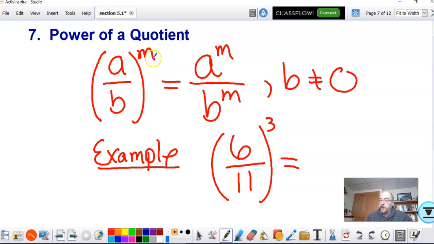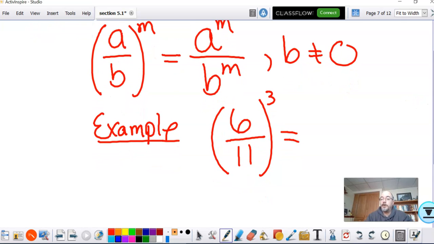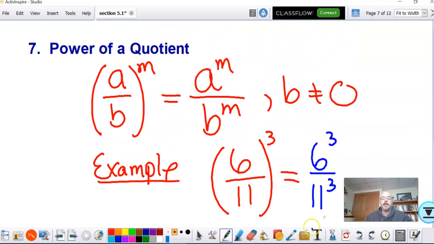Well, you'll notice, folks, that that exponent goes to both the numerator and denominator, okay? Goes to the top and the bottom. Okay, pretty straightforward. So that means this is 6 to the 3rd power over 11 to the 3rd power.